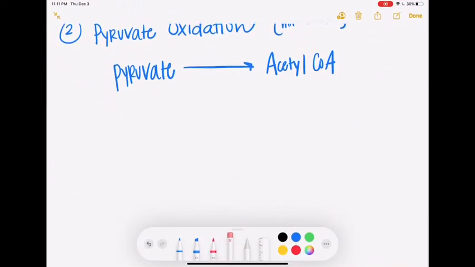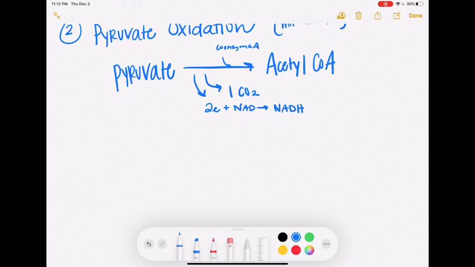Okay, so let's go back to our paper and let's draw this in here. So pyruvate is converted to acetyl-CoA. In this process, we have to add in coenzyme A. We're going to release 1 CO2, okay? And we are going to release some electrons, which get picked up by NAD to form NADH, which go to the electron transport chain.